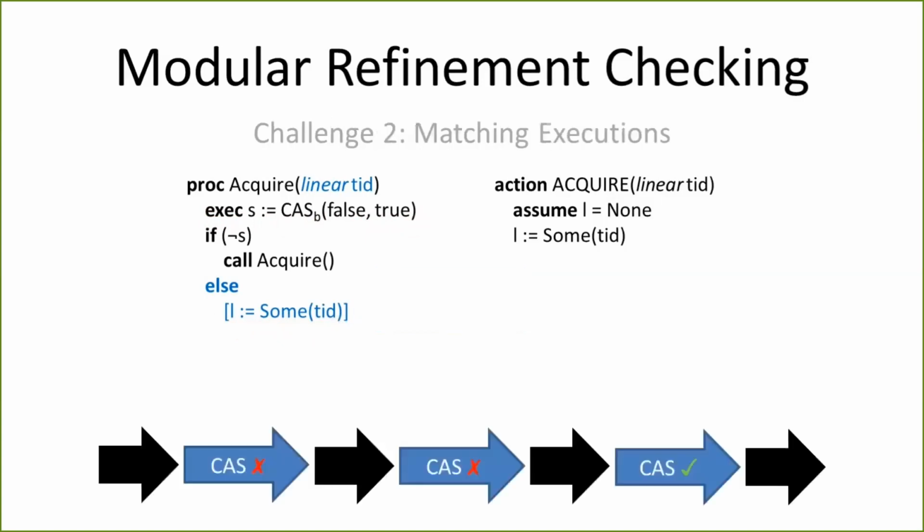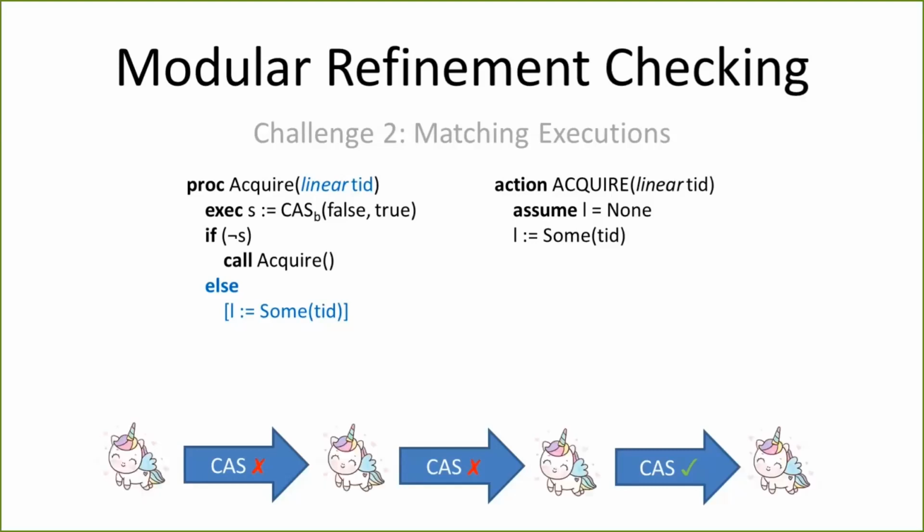The second challenge is to match the low-level execution steps of procedure acquire to a single high-level step of the atomic action. In particular, the procedure can execute over multiple steps while being interrupted by other threads from the context, represented in black. To abstract from the concrete steps that other threads might take, we need an invariant that tells us something about the intermediate reachable states.